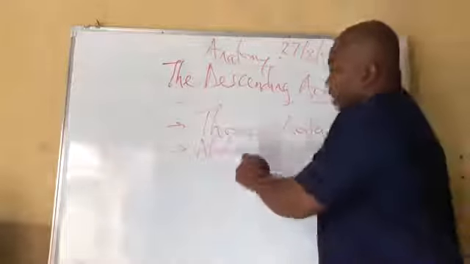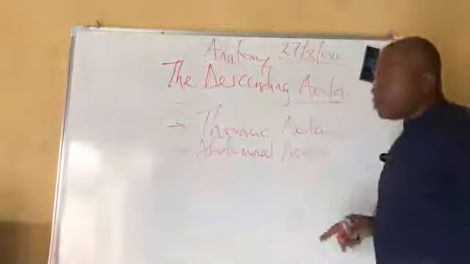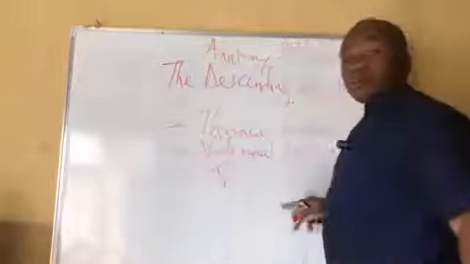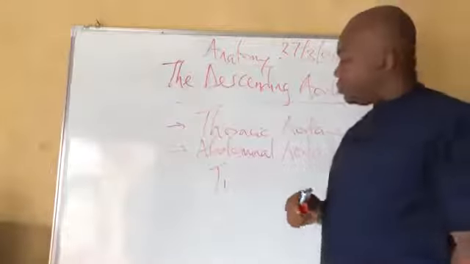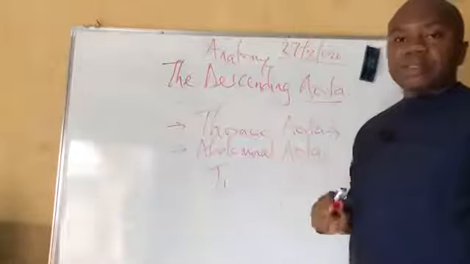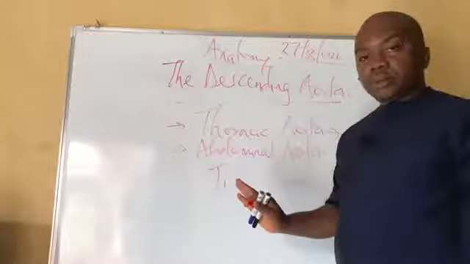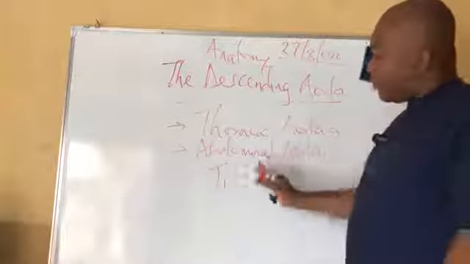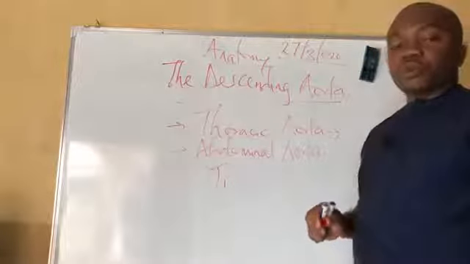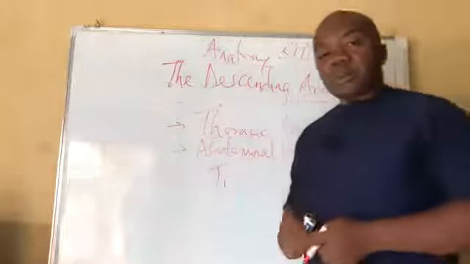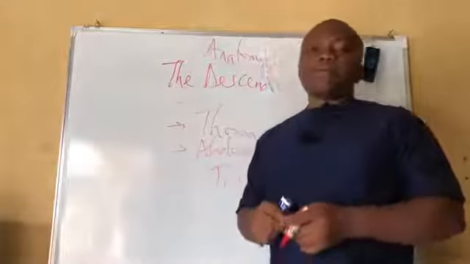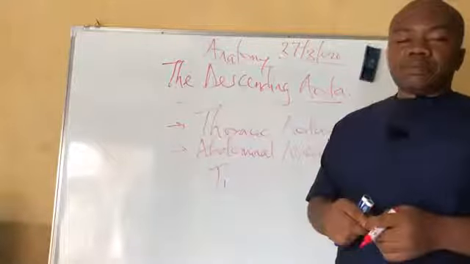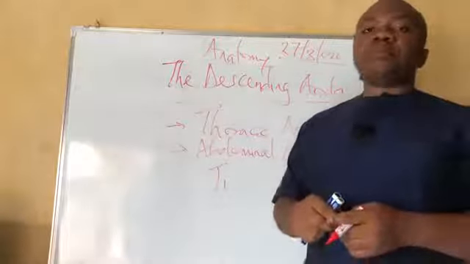The thoracic aorta begins from the level of T1 thoracic vertebra and moves slightly on the left side of the vertebral column before ultimately getting to the midline, and it exits from the thoracic region via the posterior mediastinum.